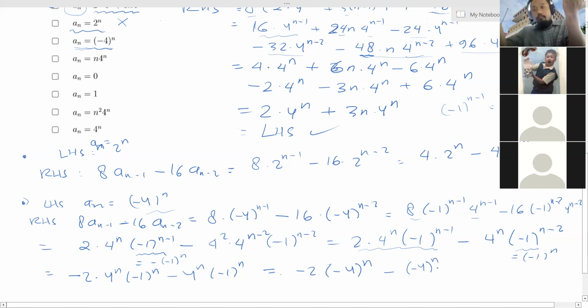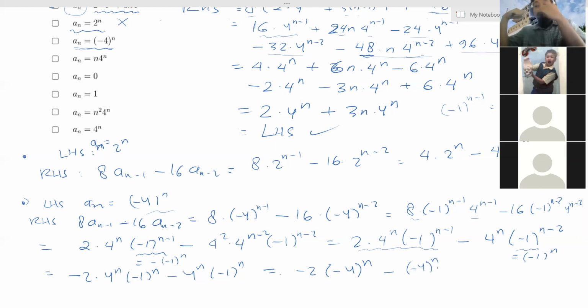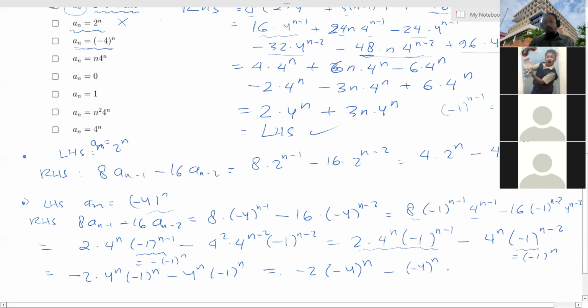Now, we cannot simplify this, because this is the same as, you take out the minus 4 to the power of n, times minus 2 minus 1, right?